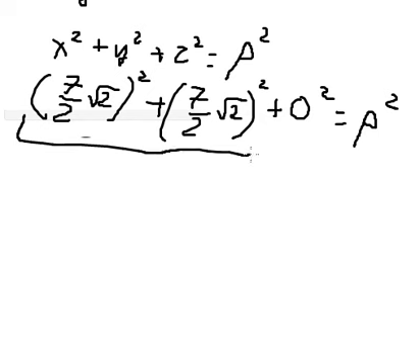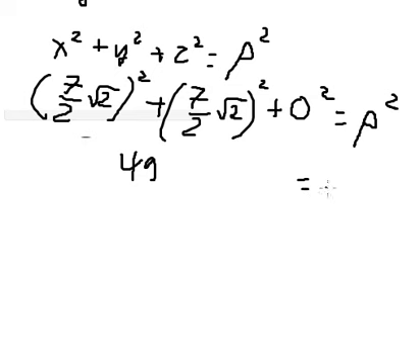So we calculate this one, and we got 49. So we put the square root for both sides, and we just accept the positive number in here.